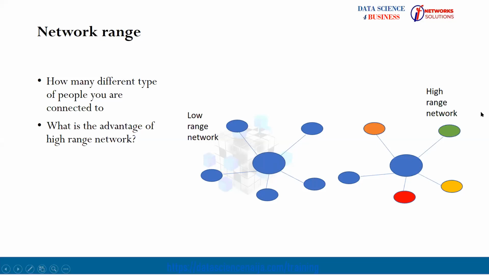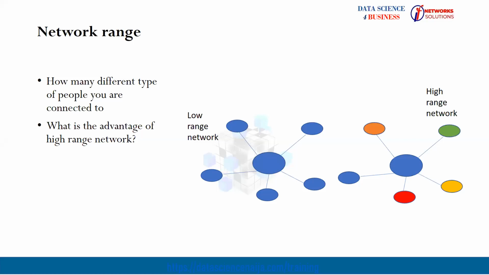And then the other one is a high range network, whereby you are connected to different types of people. That means your influence is quite more than the low range network. So that's what you use network range for.